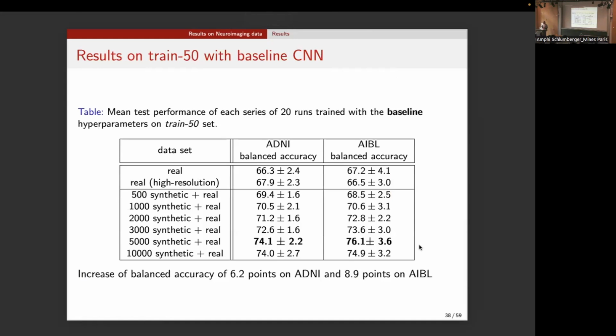Second good point, we want to train classifiers to better separate the population. So what are the results on the classification with respect to this population? We have 50 control, 50 Alzheimer's disease patients, and we have the real image in low or high resolution, and then we produce artificial data.